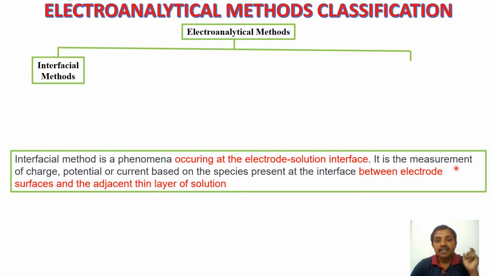It is the measurement of charge, potential, and current based on the species present at the interface, on the surface which is in contact with the electrode as well as the solution. The species which undergo a change in charge, potential, and current are said to be interfacial methods.